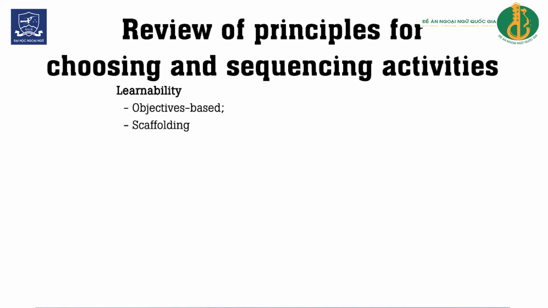It means that all the activities should be based on the teaching objectives and put in such an order that the activities are arranged from receptive to productive, from more controlled, more supported, to freer and student-led, from easy to more difficult or challenging, from impersonal to personal, from concrete to more abstract. All these help people learn.